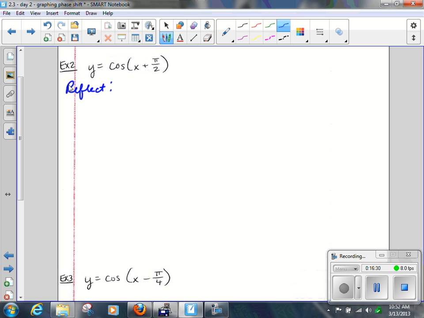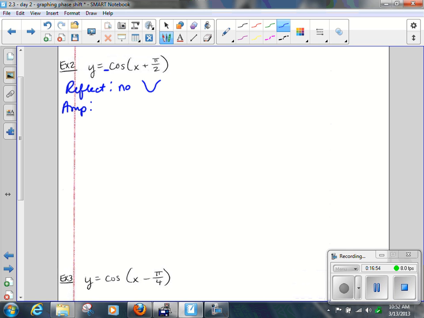Okay, good girl. All right, what's the reflection? Is there a reflection? Nope. Cosine. So if there's no reflection, this cosine curve is going to be the up cup, the down cup. Up cup. Draw it. What's next? Amplitude.